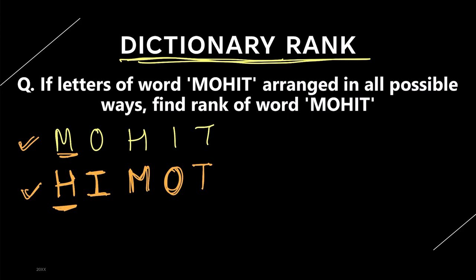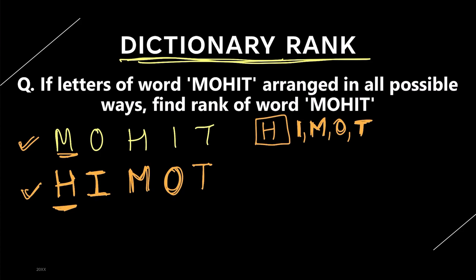So what will be the rank of the word Mohit if all the letters are used? First H will be fixed here, and all the letters I, M, O, T will be used. H is fixed, and I, M, O, T are the letters.